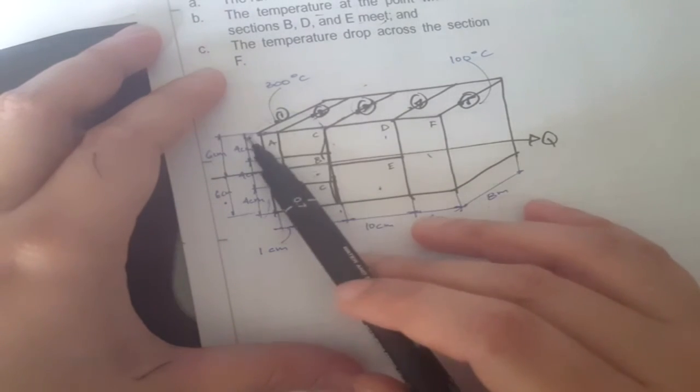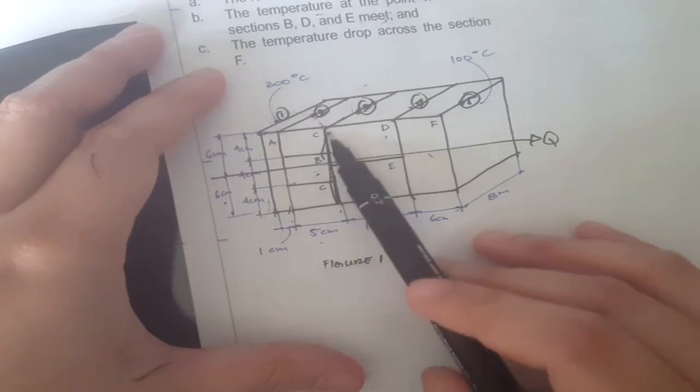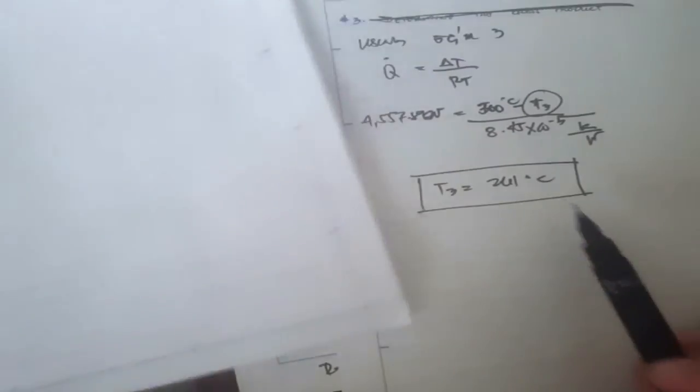So from 300, it goes down to this temperature, which is 261 degrees C.